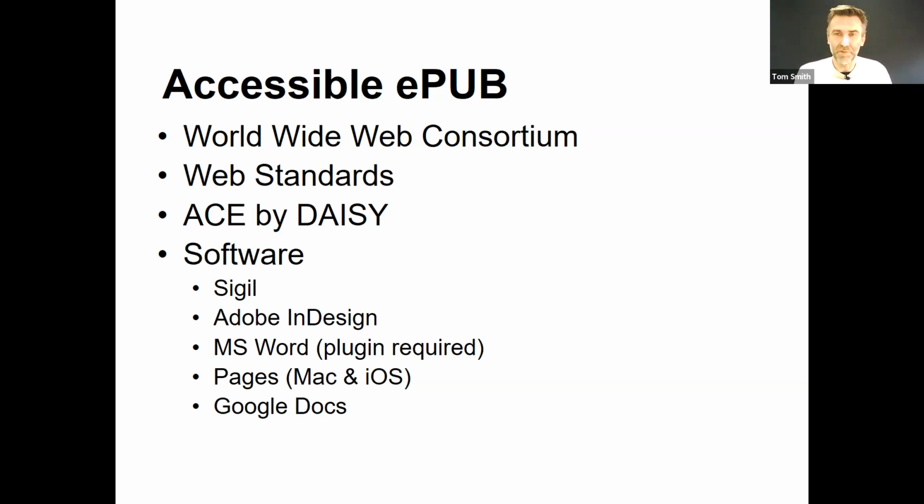It's an international standard. It was developed by the International Publishers Federation, but it now sits in the World Wide Web Consortium as a standard. Essentially, if you look under the hood of an ePUB, and this is a little bit of an oversimplification, it's like a little miniature web page in one file to be able to get through the book.